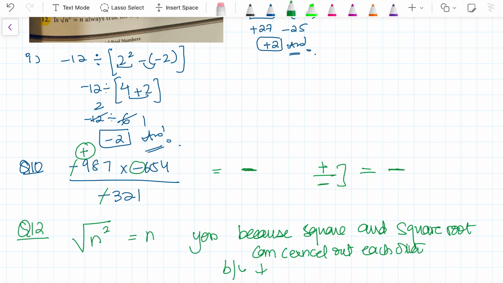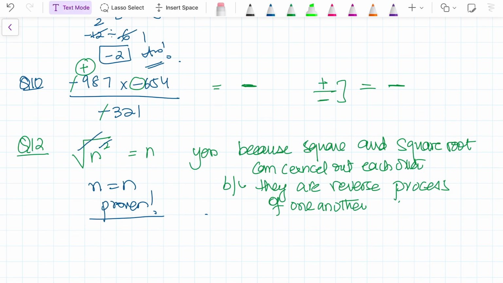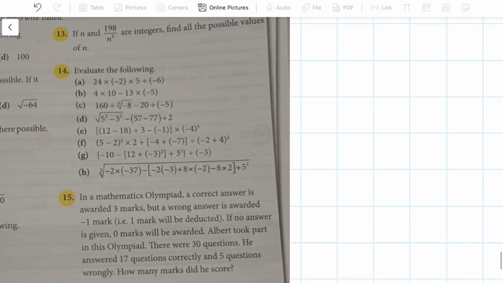Because they are reverse processes of one another. So this square can be cancelled out with the square root, so n is retained. So this is the entire exercise.